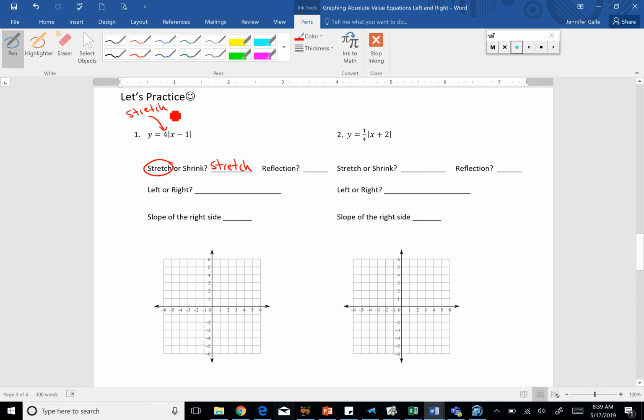We can fill in whatever lines we want to. Are we going to have a reflection? Nope, because there's no negative sign. And then that 4 also gives me that slope on my right side. Up 4, right 1. We're on the right side of the graph, slope of the right.